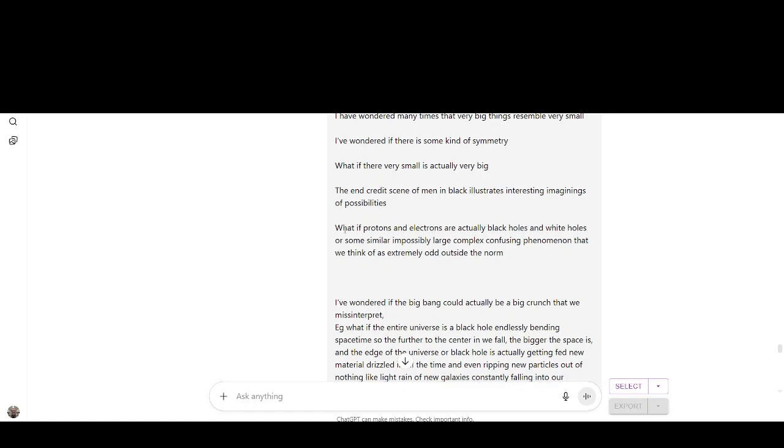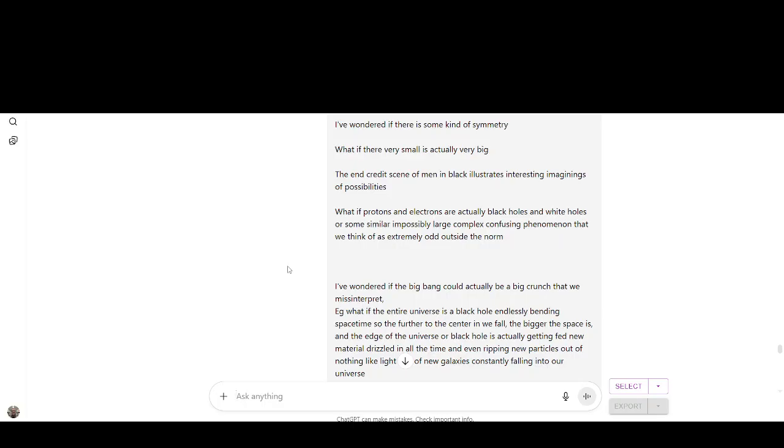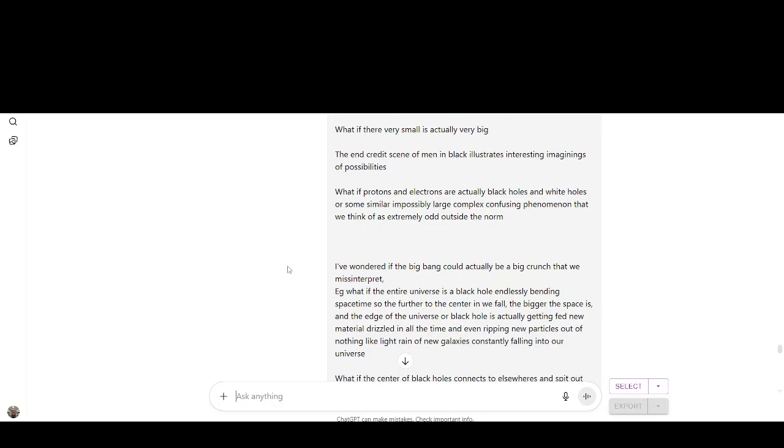What if protons and electrons are actually black holes and white holes, or some similar impossibly large, complex, confusing phenomenon that we think of as extremely odd outside the norm? Again, this is way out there. This is not Occam's razor type stuff.